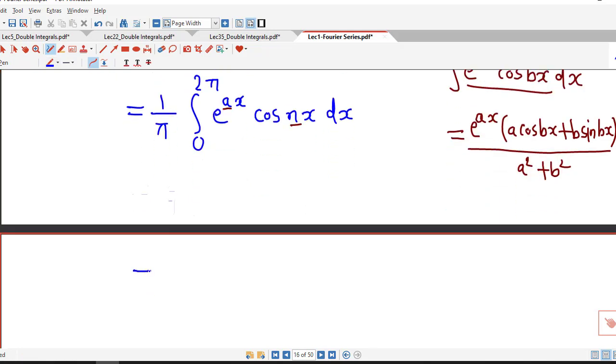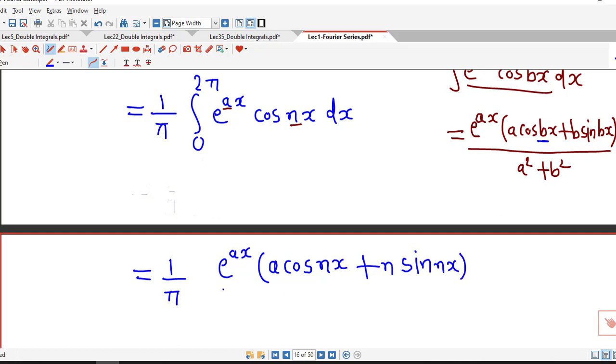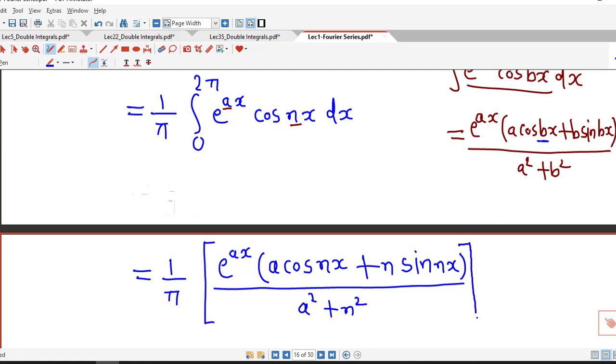So now in the next step we have 1 by pi, e raised to ax times (a cos nx plus b sin nx), with b equal to n, divided by a square plus n square, and the limits of x are from 0 to 2 pi.